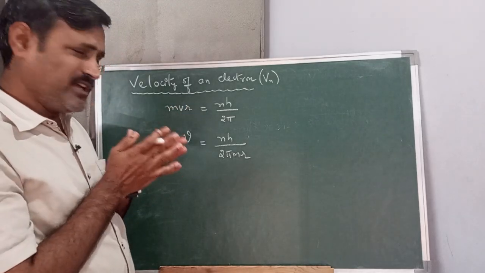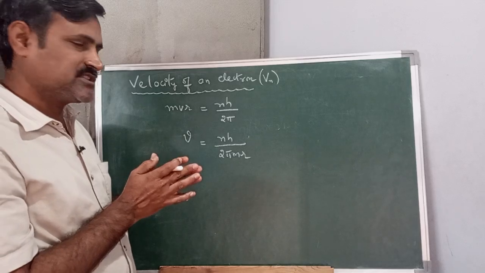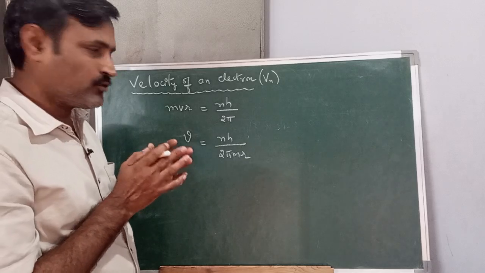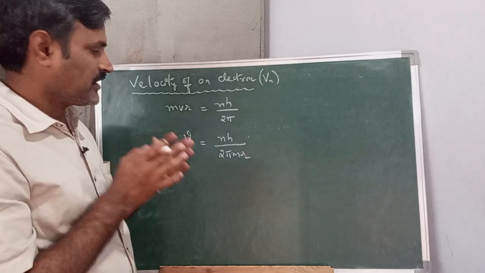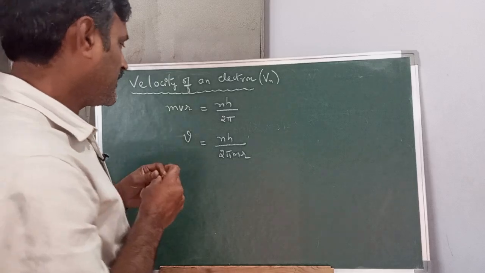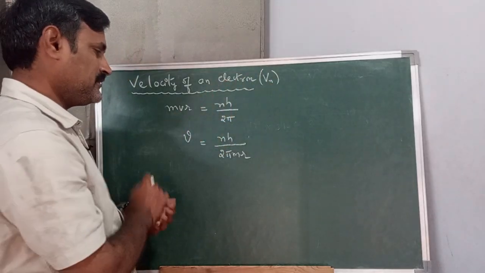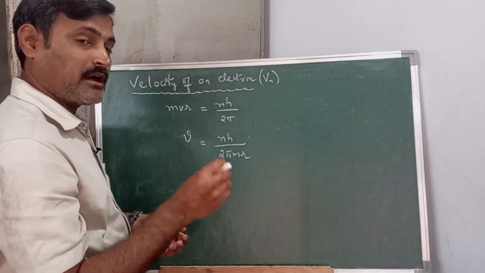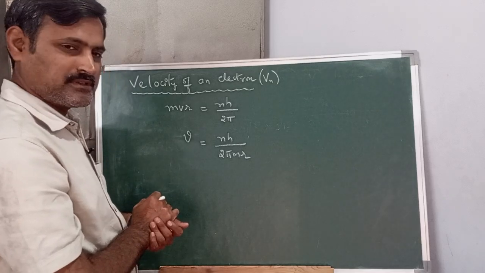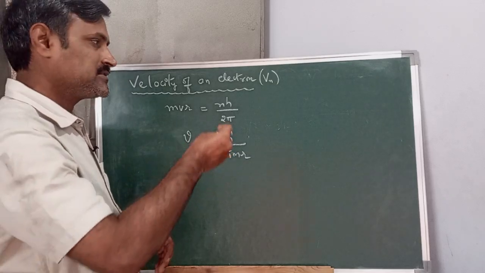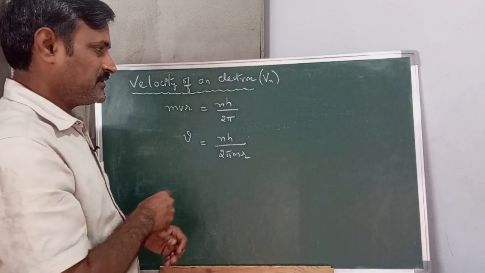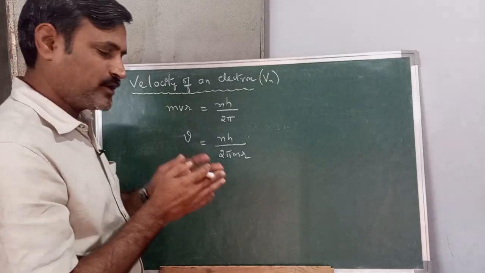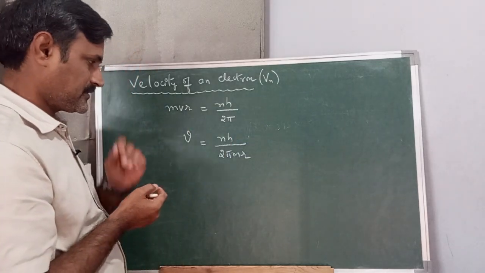So we are talking about Bohr's concept, in which hydrogen is a simple atom where one electron is revolving around the nucleus in the orbit, and if we consider the orbit number is n, we are going to deduce the formula for the electron's velocity in the nth orbit, in hydrogen and hydrogen-like species.